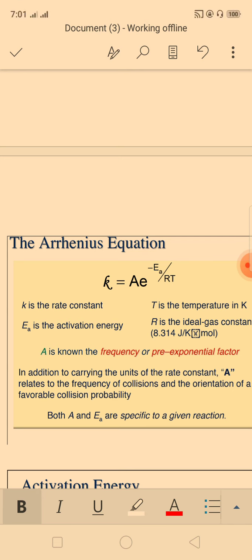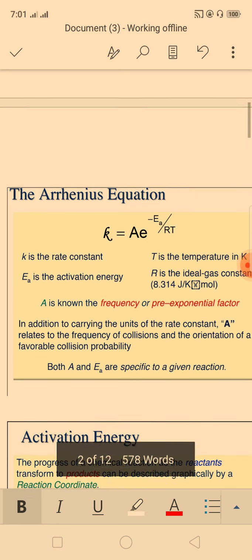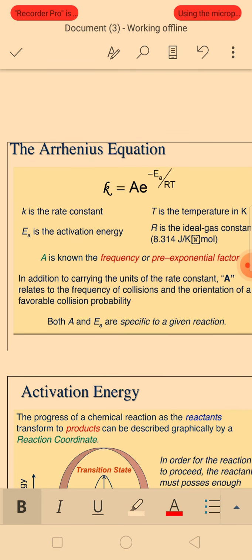The collision frequency and orientations are both specific for energy of activation. Dear students, energy of activation is the energy required to convert the reactants into their activated state.